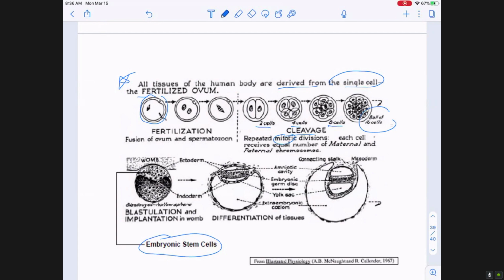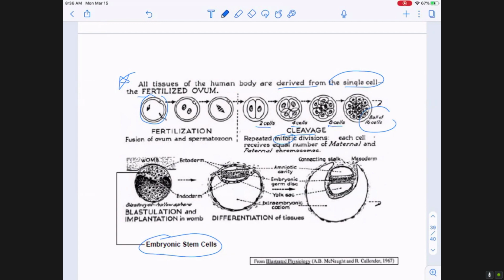If you take a look at blastulation and implantation, you will see we have different layers, ectoderm and endoderm, that make specific differentiation, which is in the next slides. We have the amniotic cavity. Right now stem cells have some ethical concerns, so a lot of groups are using amnion and amniotic liquid to get specific materials. That's a pretty hot area right now.